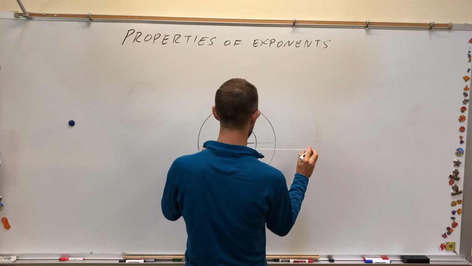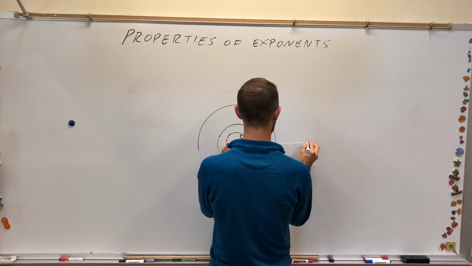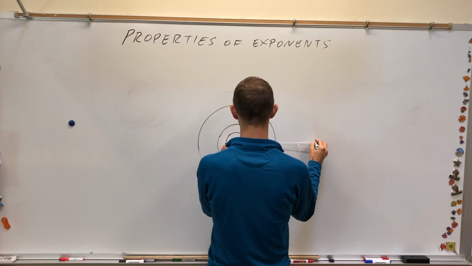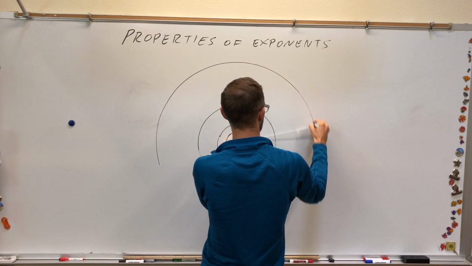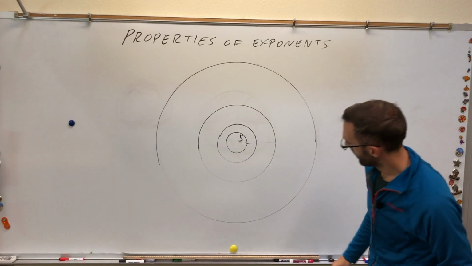And this string is my compass. This is keeping the fixed distance from the center to the new circumference, which is 40 centimeters away. All right, there we go.